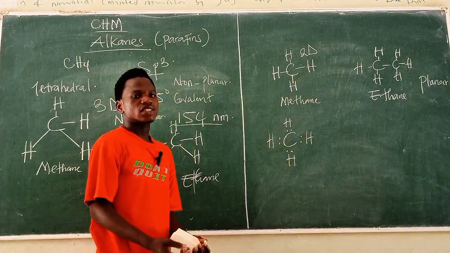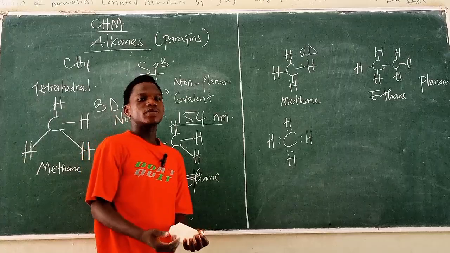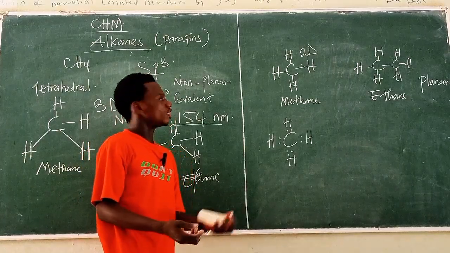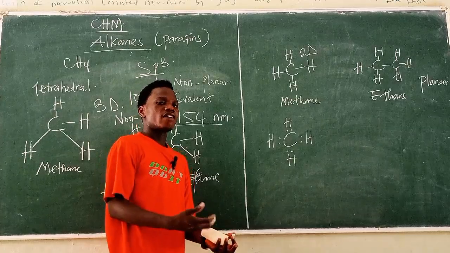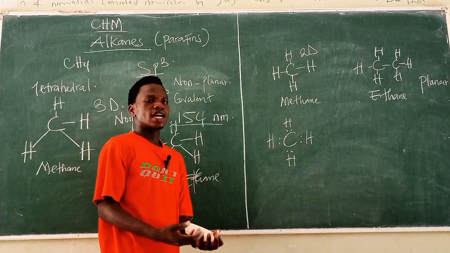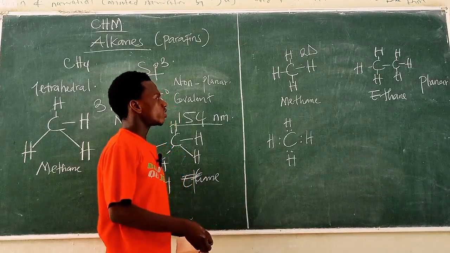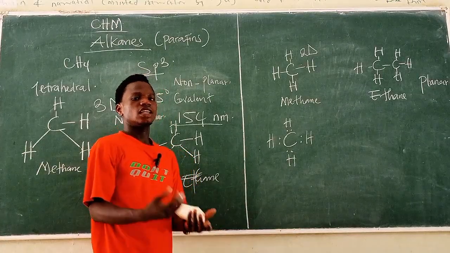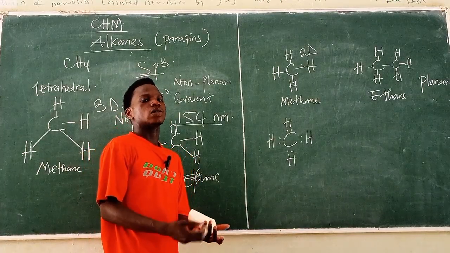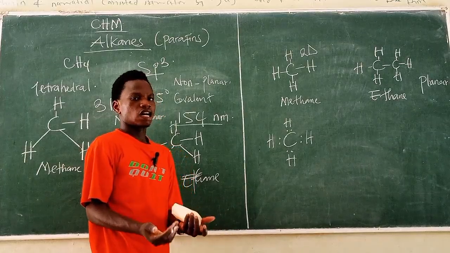Now, we already know that covalent bonds are bonds that are formed by sharing of pairs of electrons. That is far from ionic bonds, because we know that ionic bonds are formed due to transfer of electrons from metallic elements or metallic compounds to non-metallic compounds.